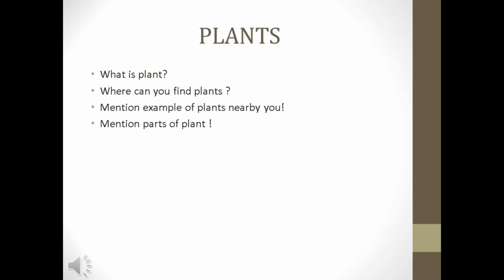The next topic is about plants. In this video, we are going to study what is plant, where can you find plants, mention example of plants nearby you, and mention parts of plant.